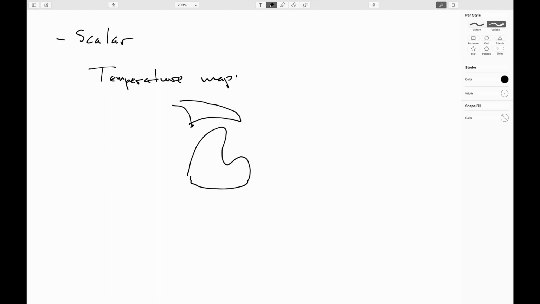You go and look at some temperature map on a weather website or something like that, you'll often see that they draw in these bands, or they'll say the temperature in a particular band is between a certain value and a certain value.